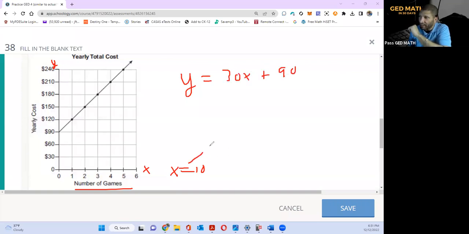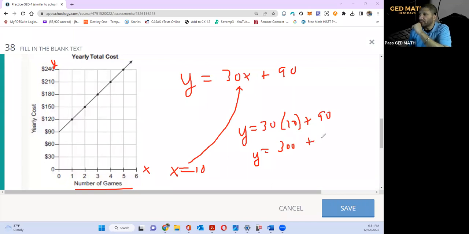We're going to take our X and substitute it in. So we get Y equals 30 times 10 plus 90. 30 times 10 is 300 plus 90. Y equals 390. Y is telling us the yearly cost. So to play 10 games is going to cost us $390.